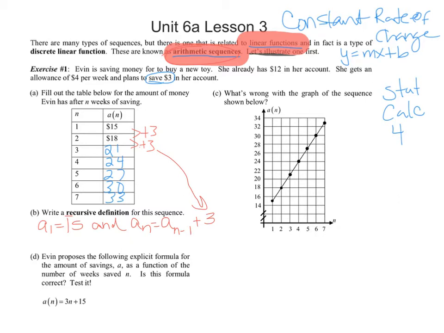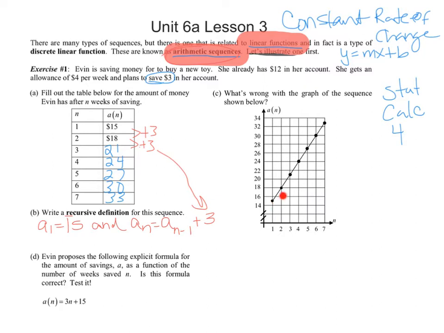Now C, what's wrong with the graph of the sequence shown below? One of the things that I learned is that these should just be points. There should be no line connecting the points, because if there is a line, it's implying that there are data points in between here, and that is not correct.